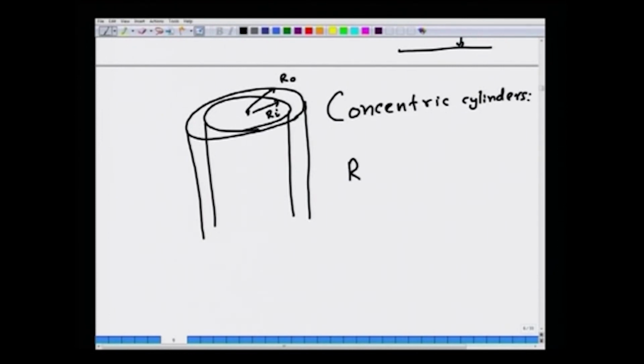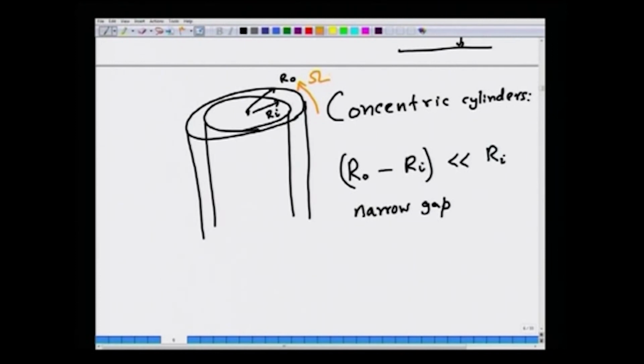Now, if the gap between the inner and outer cylinder, r_o minus r_i, is very small compared to r_i, that is, the gap is too narrow, and let us assume that the outer cylinder is rotating with a constant angular velocity omega.